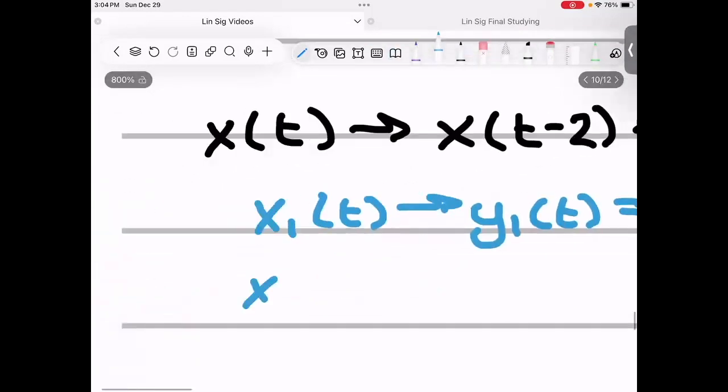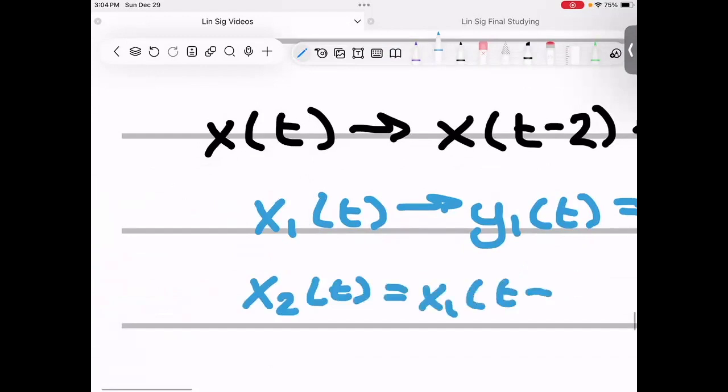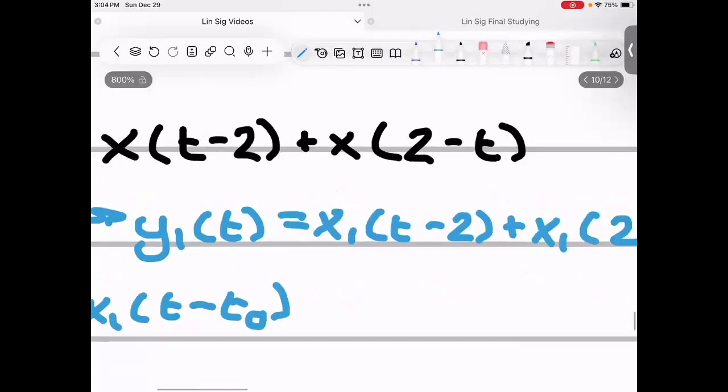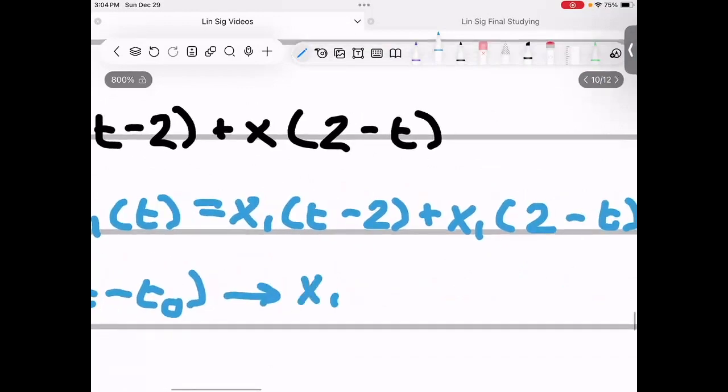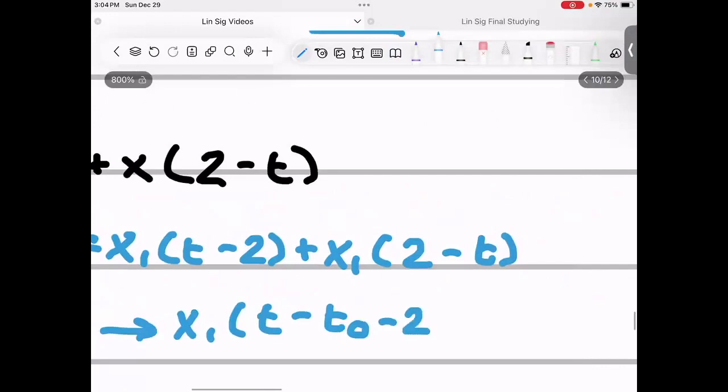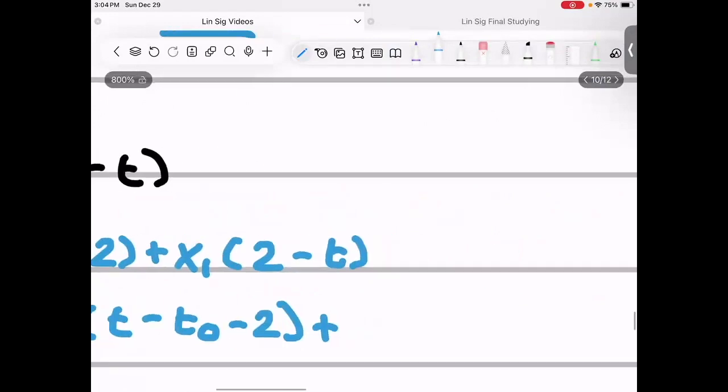And then we're going to do our x2 of t equals x1 of t minus t naught. We plug that into our black box here, and that's going to give us x1 of t minus t naught minus 2 plus x1, don't forget we're just lopping on, 2 minus t naught.